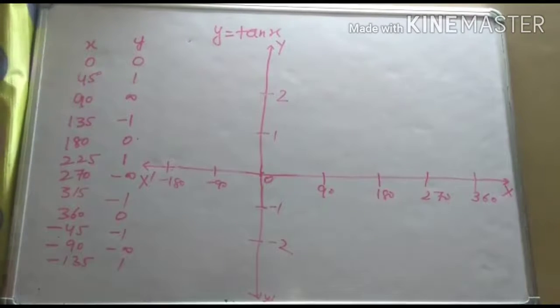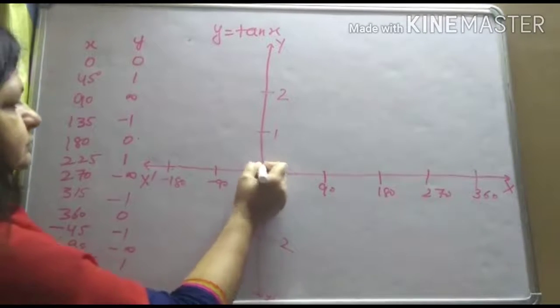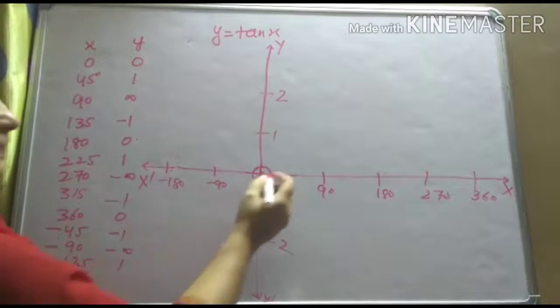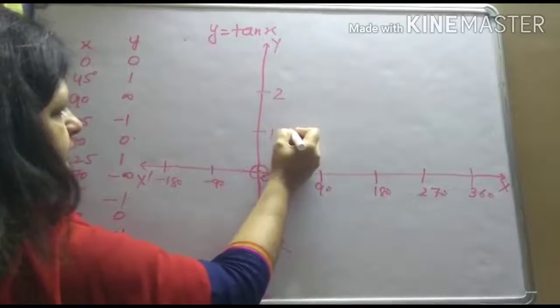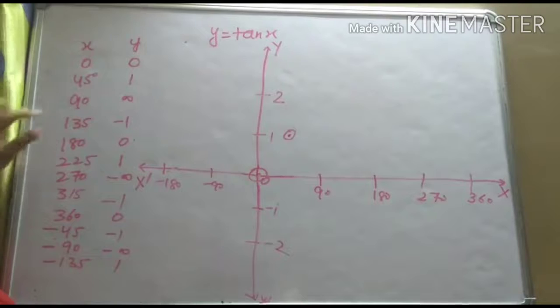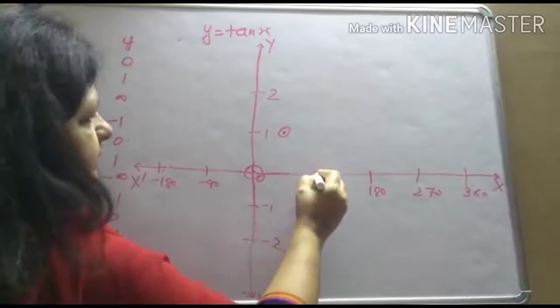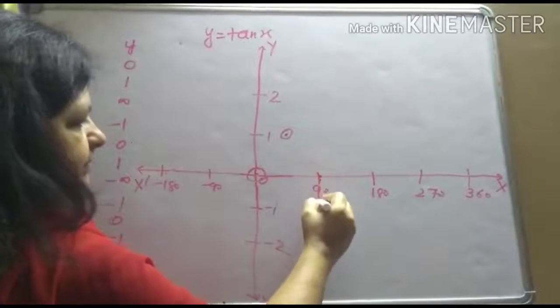Now, if we have x is equal to 0, then y is also 0. When x is 45, then y is 1. If x is 90, then y is infinity. It means not defined. It means we don't have any point.